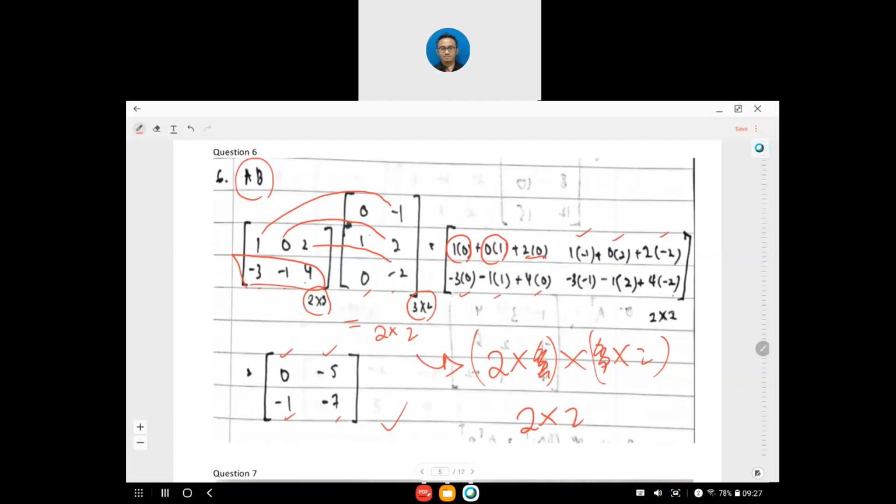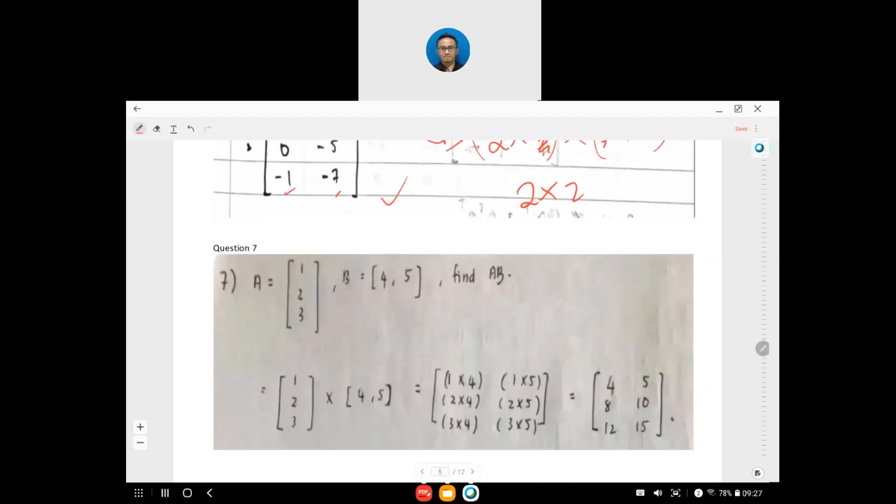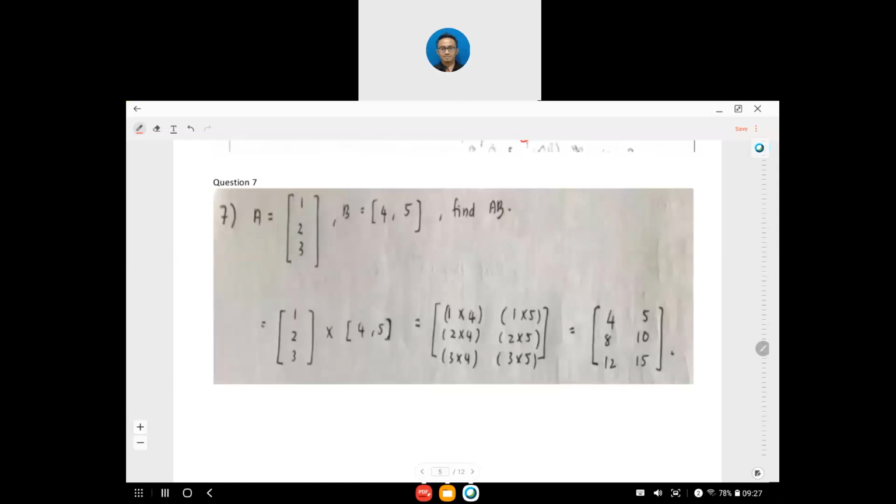Okay. Now look at question 7. Question 7, you have matrix A and then matrix B, also the same thing. Find matrix A times B. Since you want to find matrix A times B, okay, so you can get 1 times 4, this one, and then 1 times 5, this one.